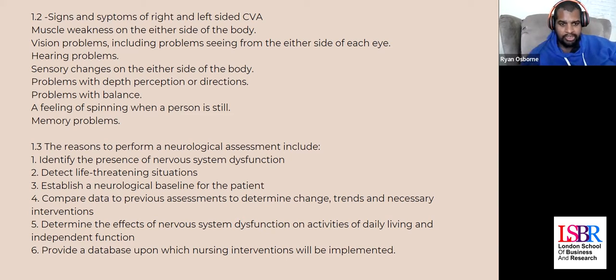So from part 5, if we have seen that they struggle with their memory, they don't have a lot of balance, or a certain part of their body is always numb, then in part 6, the nurses who are working with them will be able to implement certain interventions which will help people with strokes moving forward.